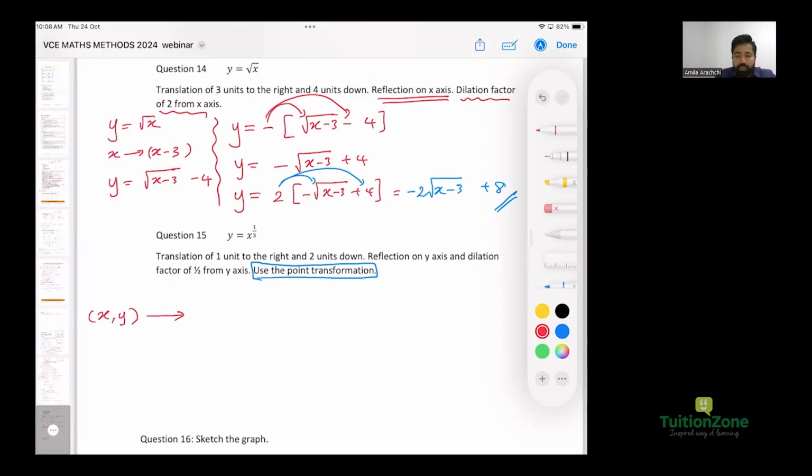What's the next step? Translate 1 to the right and 2 down. Which is what's going to happen. X becomes x plus 1 and y becomes y minus 2.